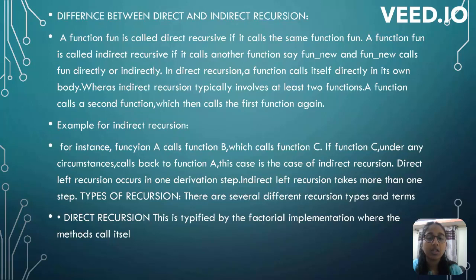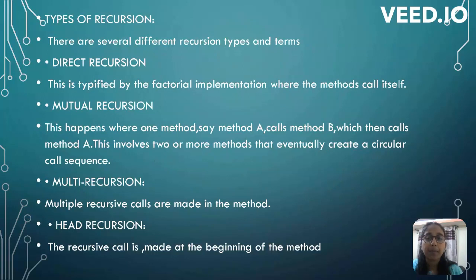Types of recursion. There are several different recursion types and terms. First, direct recursion. This is typified by the factorial implementation where the method calls itself.